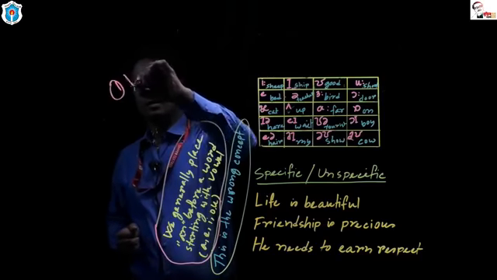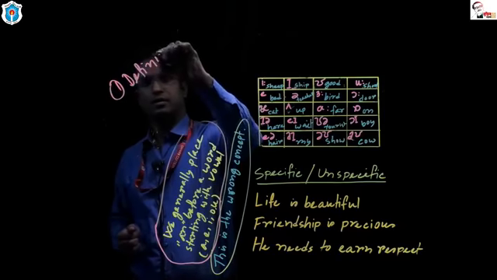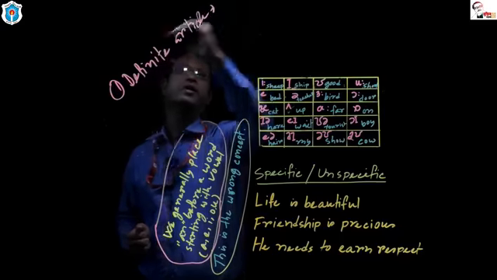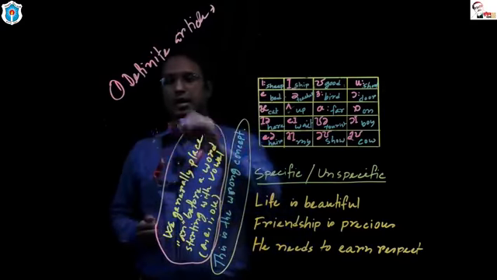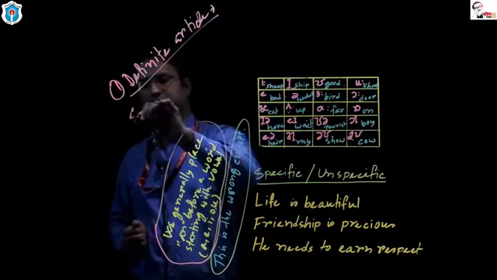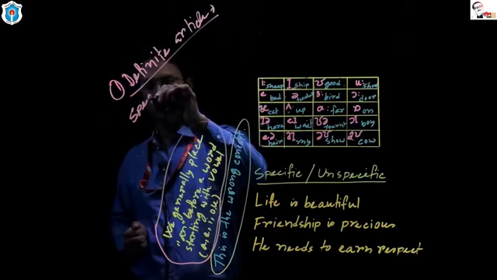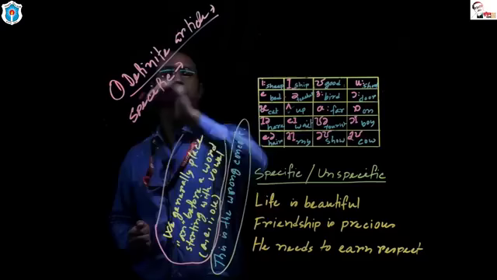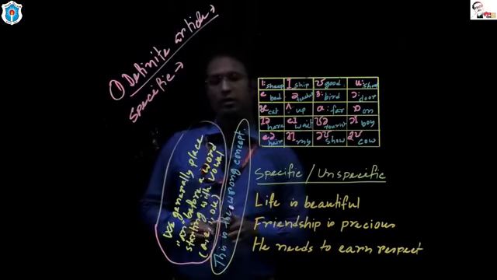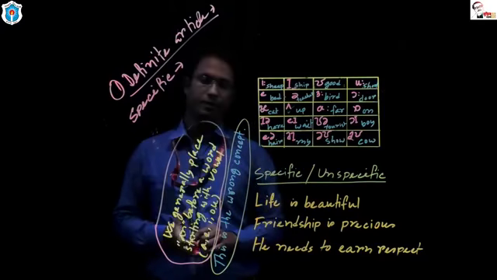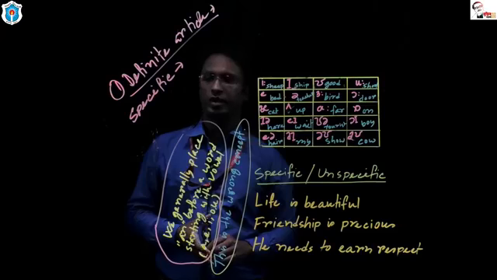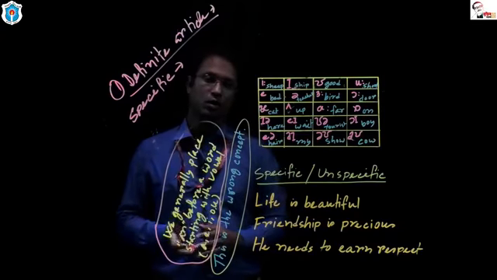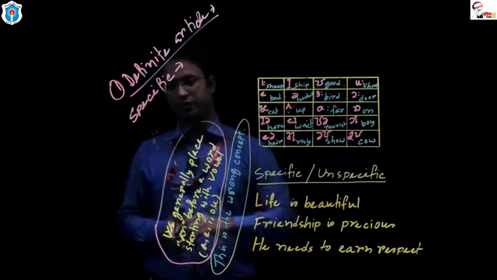Definite article means specific. When something or a noun becomes specific, we use definite article. Now we should know how the noun becomes specific.